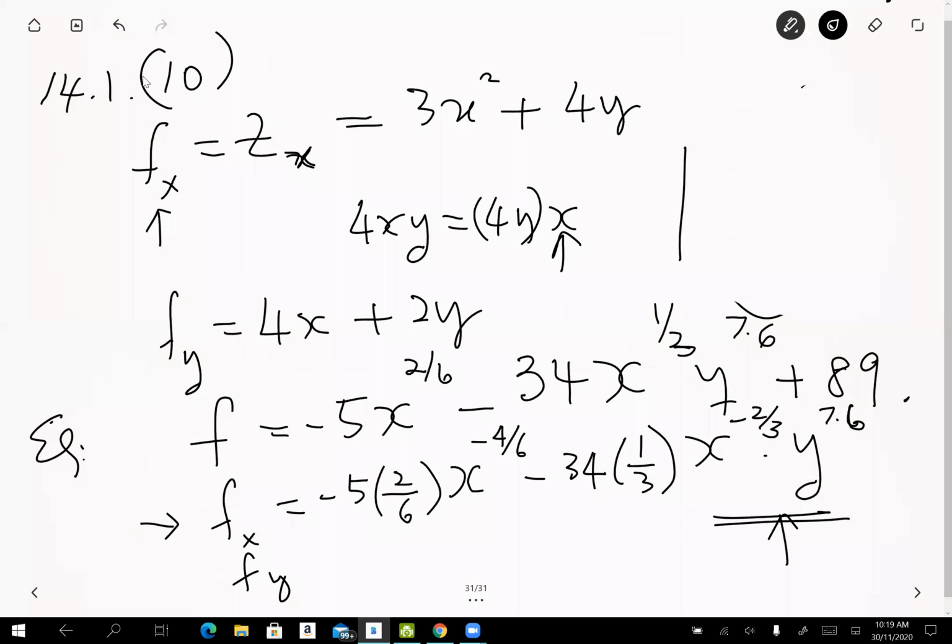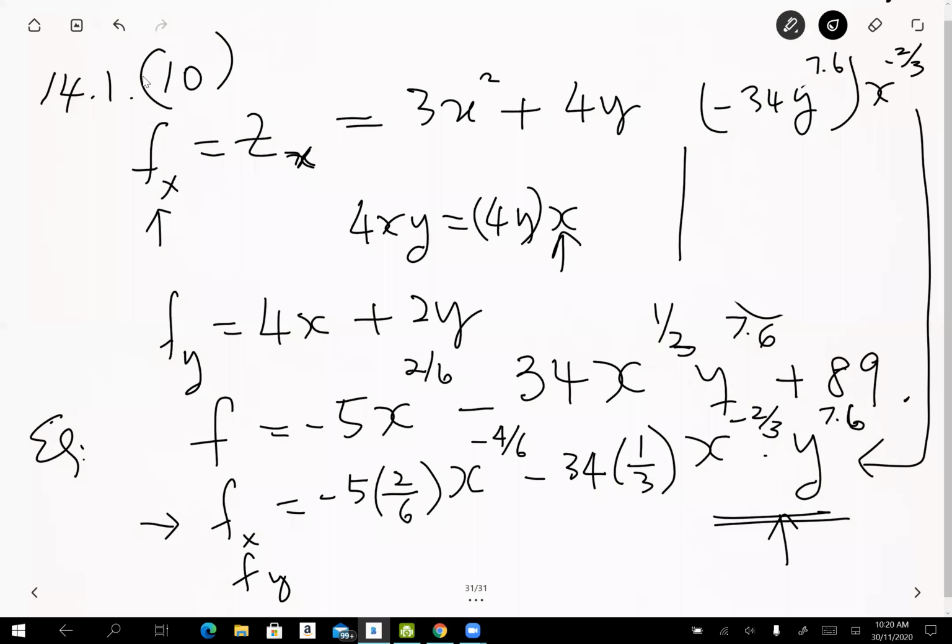You think of it as negative 34 y to the 7.6. Together they are the constant. And then you have the x to the power of negative 2 over 3, so you take the derivative, which is exactly what you got there.